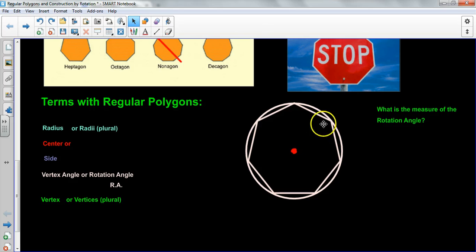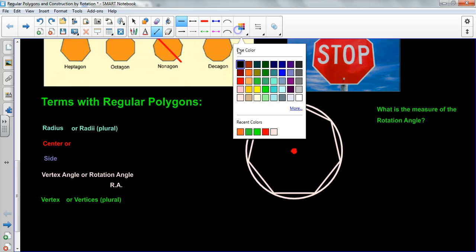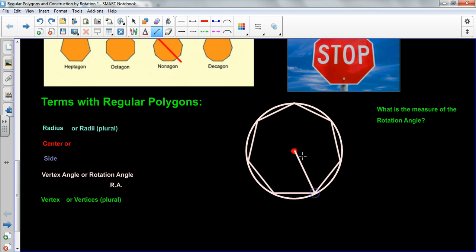Therefore, the radii of the circle are really the radii of this regular polygon. So if I draw the radii from the center to points on the circle, which are the vertices of the polygon, right? That's another word we need to know. These corners are called the vertices.